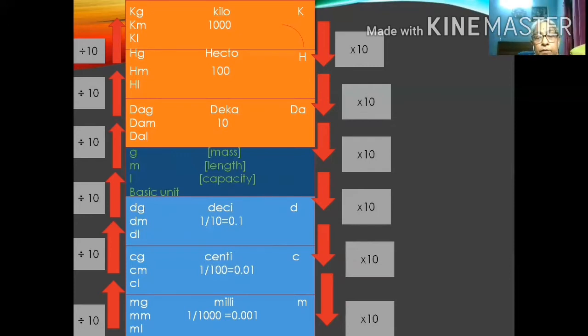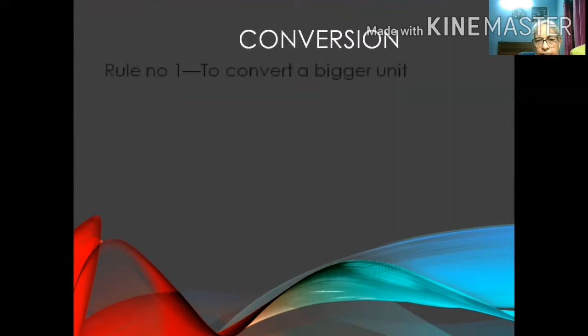That is milli to centi, deci, standard unit, deca, hecto, and kilo. To interchange these, there are two rules.